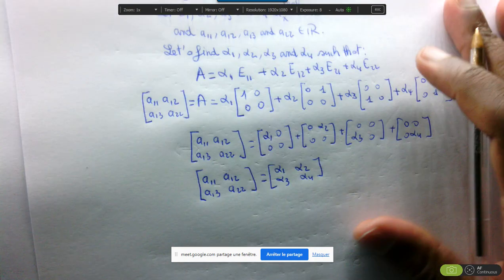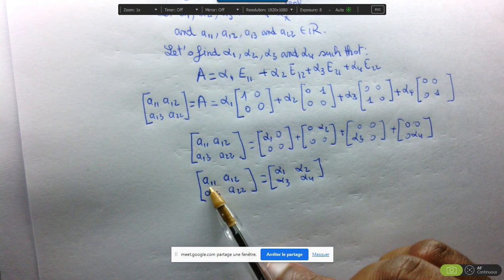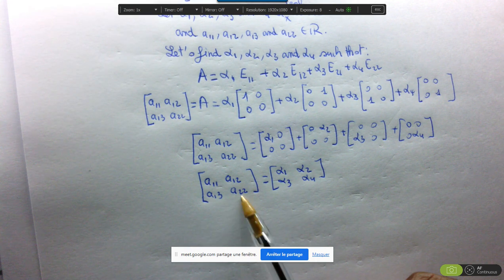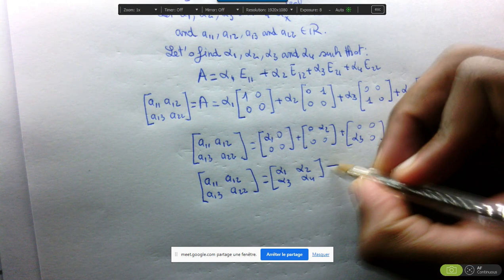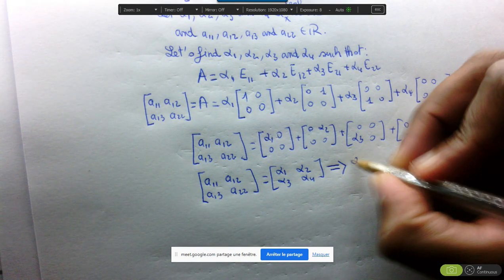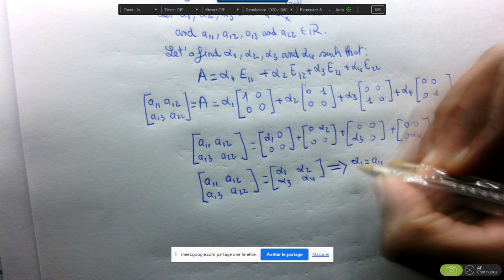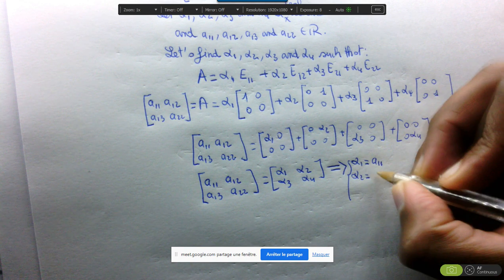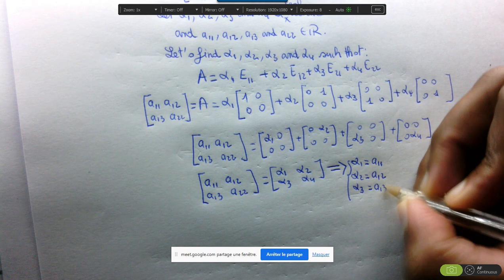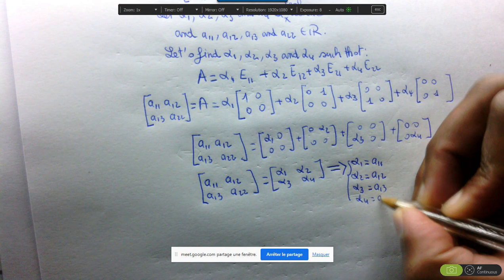So here I realize that alpha 1 is equal to a11, alpha 2 is a12, alpha 3 is a21, and alpha 4 is a22. The alphas are the unknowns. What we actually know are these values. So this implies that alpha 1 equals a11, alpha 2 equals a12, alpha 3 equals a21, and alpha 4 equals a22.